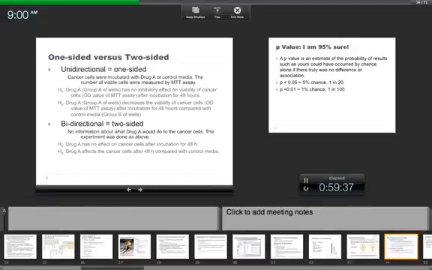All we know is it's not the same. So you really need to look at the data and see which direction this difference is to report it, whether it's going to increase the growth of the cancer cells or inhibit the growth of the cancer cells. So this is the difference between a one-sided and a two-sided question.